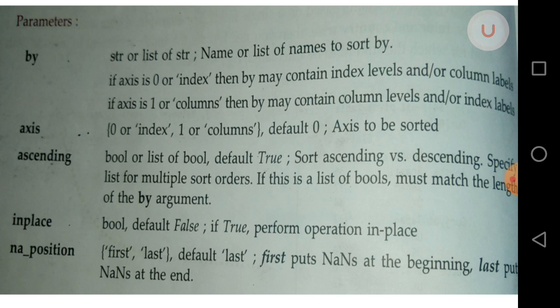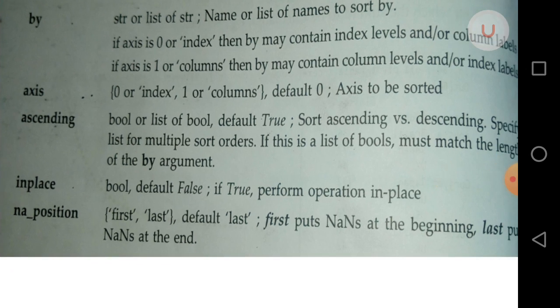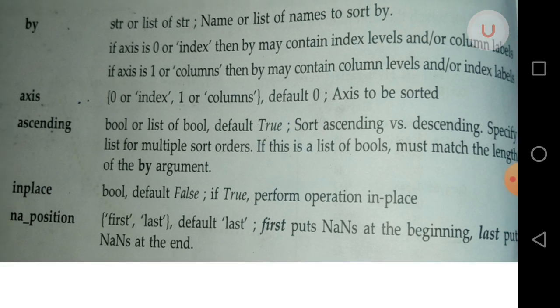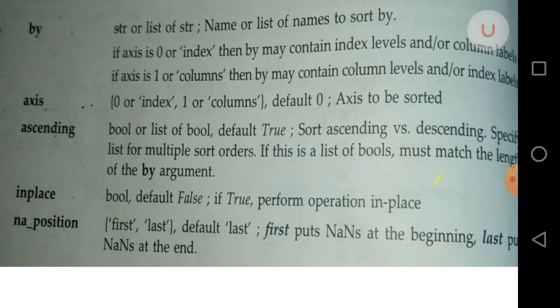Next is inplace. So inplace is a bool, default False. If True, performs operation in place. Then na_position: first or last, default last. First puts NaN, where NaN refers to not a number, at the beginning, and last puts NaN at the end. So these are the basic parameters used in sort_values.